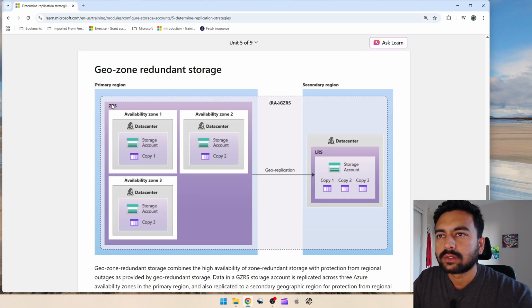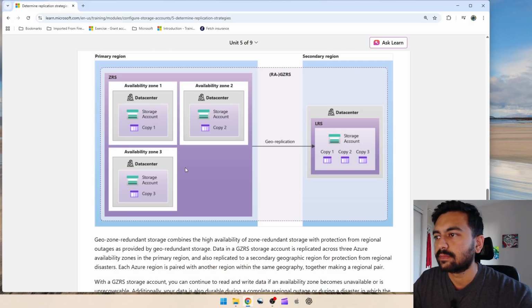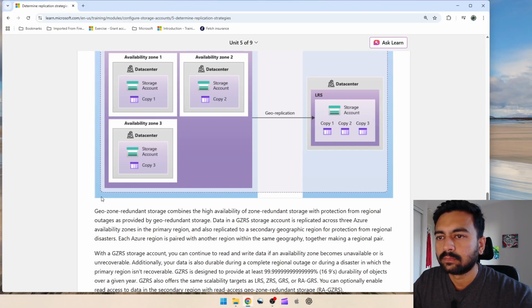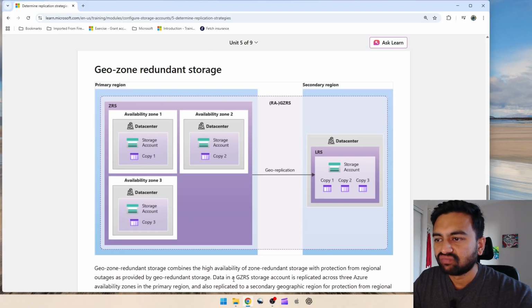Okay, so separate regions, zone redundant storage, separate availability zones, and locally redundant storage using your application. High availability of zone redundant storage with protection from regional outages.